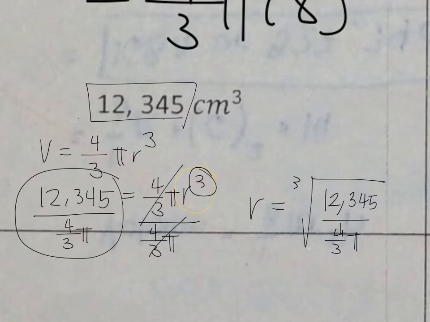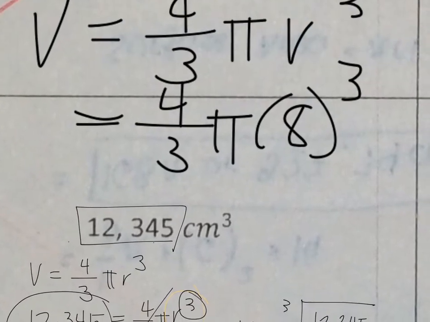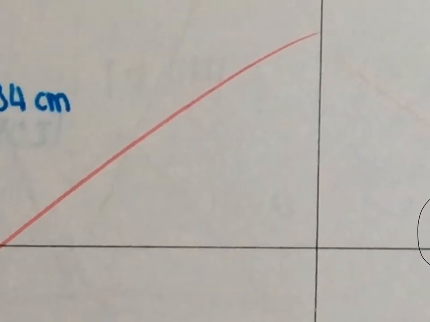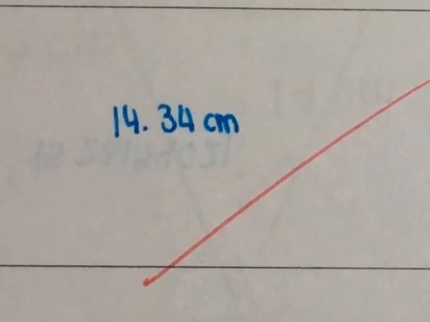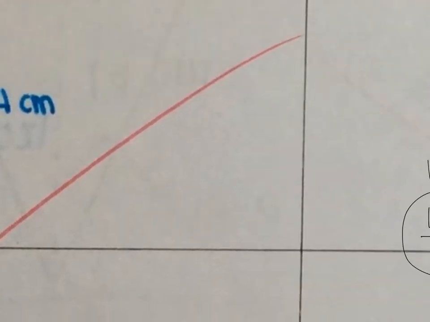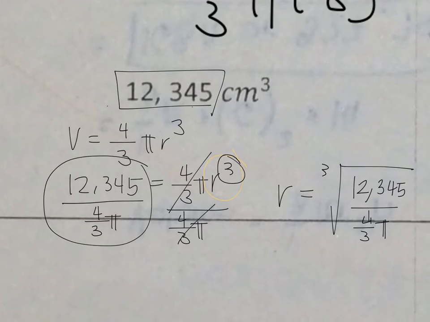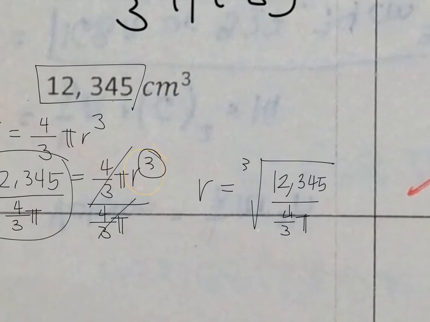This will require you a skill on how to input these numbers in the calculator. If you do it properly, it should give you the final answer for the radius, which is 14.34. That is something I leave with you to explore, how to input this properly in the calculator.